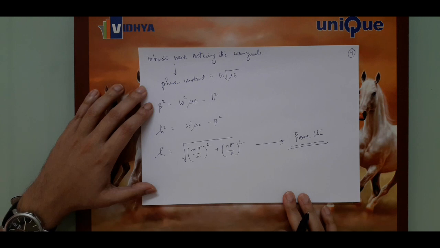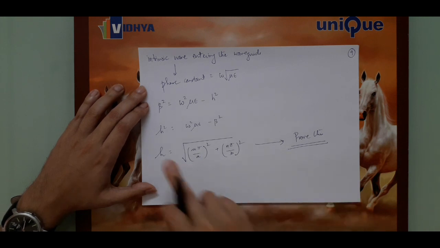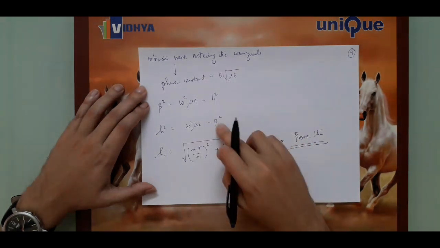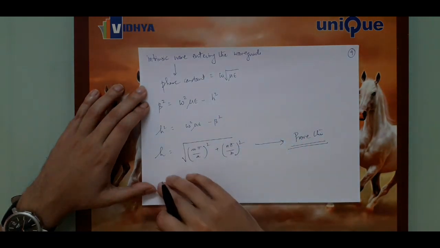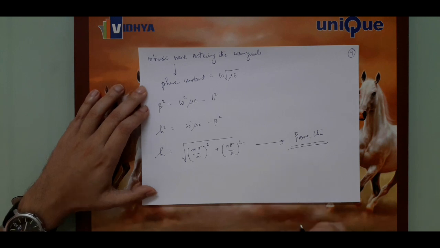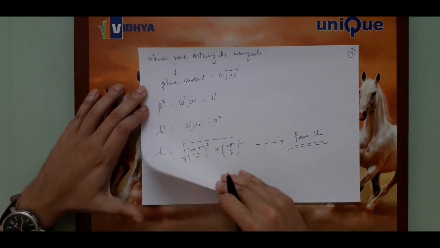Now, once we have this h, which is essentially the difference between the phase constant of the intrinsic wave and the phase constant of the wave that is actually being guided along the z direction, let's come back to this expression.